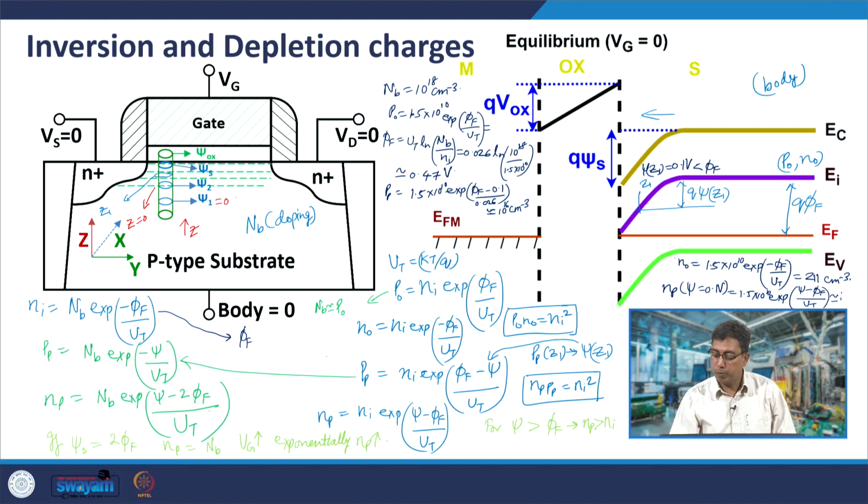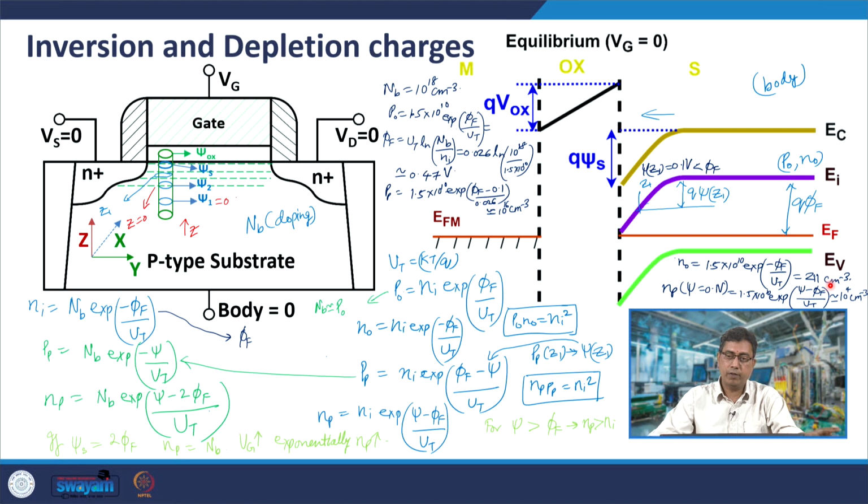So, this would come out to be nearly 10 to the power 4 per centimeter cube. So, you can see that as you move from the neutral region slightly into the depletion region, there is a 2 orders of magnitude increase in the electron concentration.